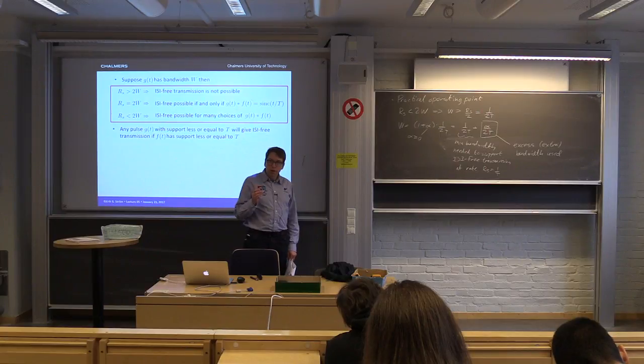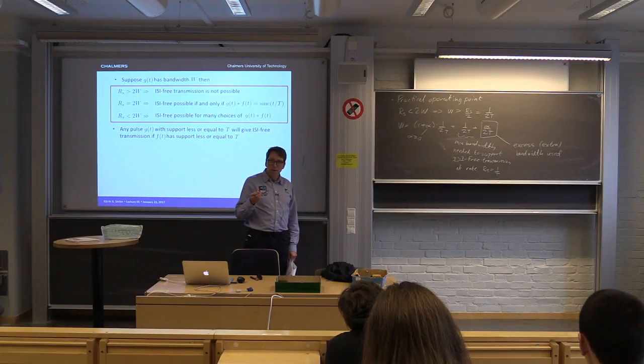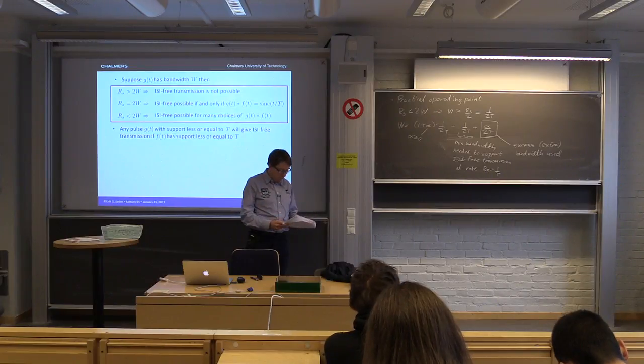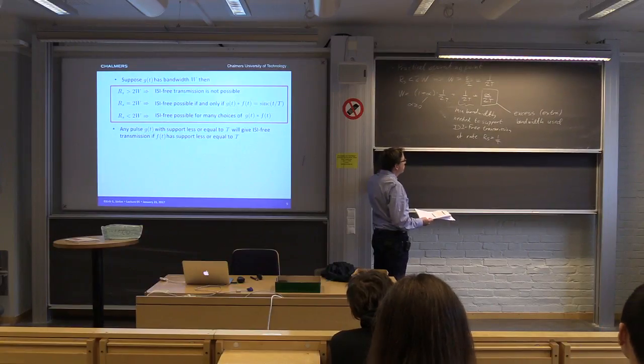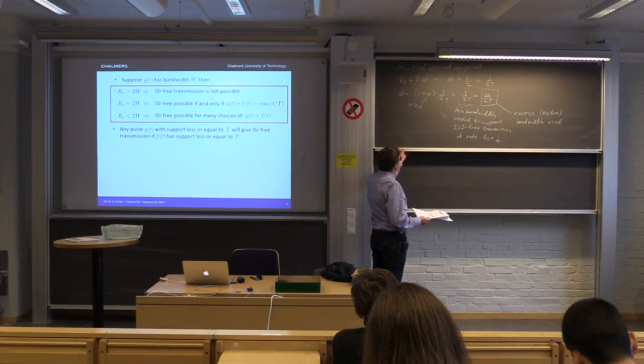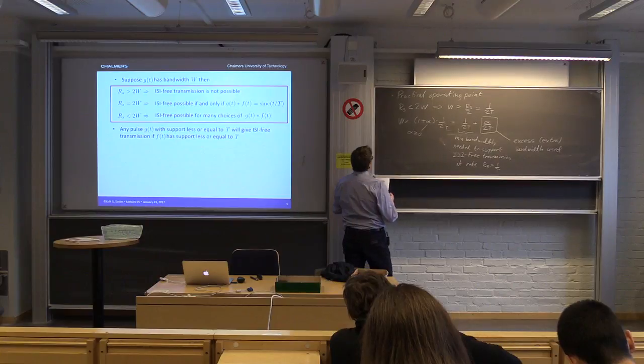The reason why we put in some extra bandwidth here is to make life easy for us, so we can get some freedom in selecting pulse shapes. The spectral efficiency, let me write this here.